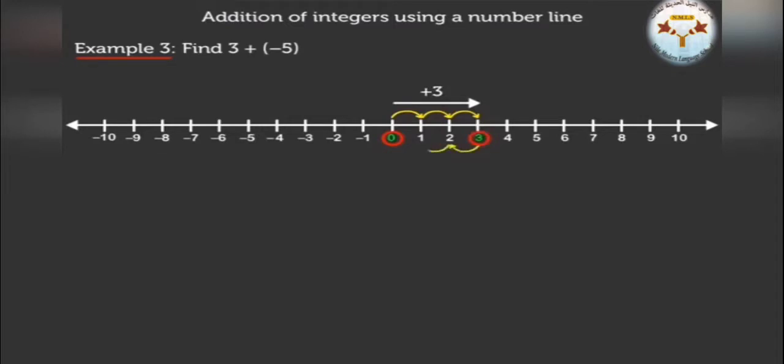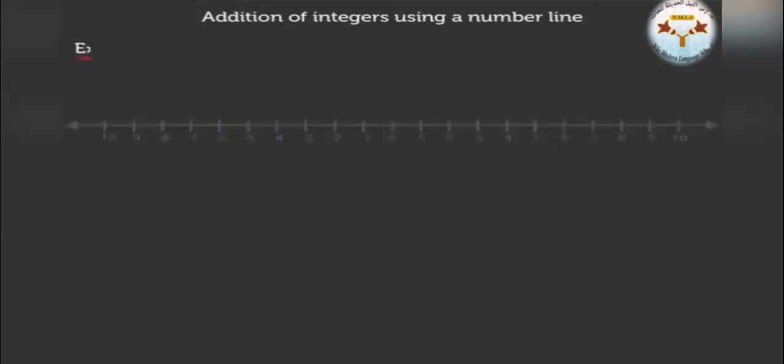Move 3 places to the right to show 3, and from 3 move 5 places to the left to add negative 5. This movement takes you to negative 2. So 3 plus negative 5 equals negative 2.